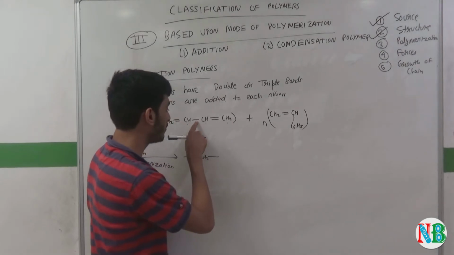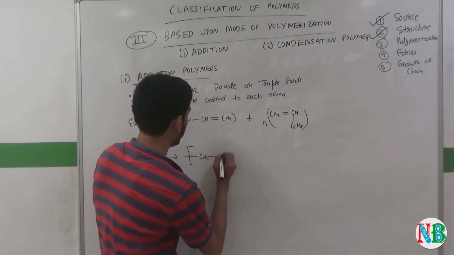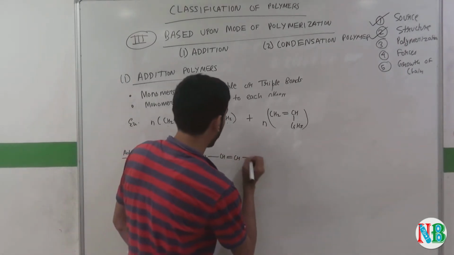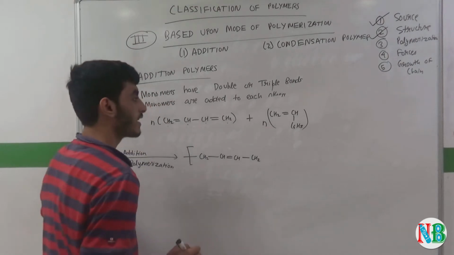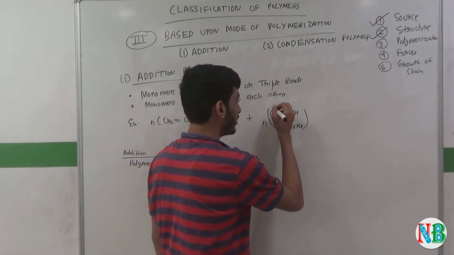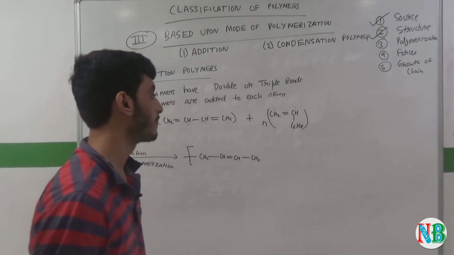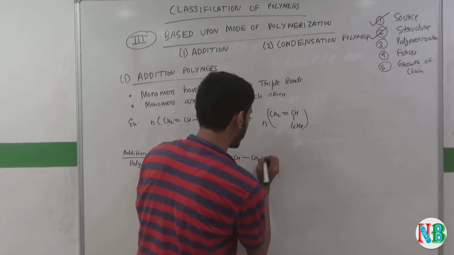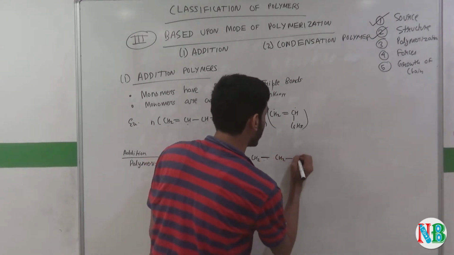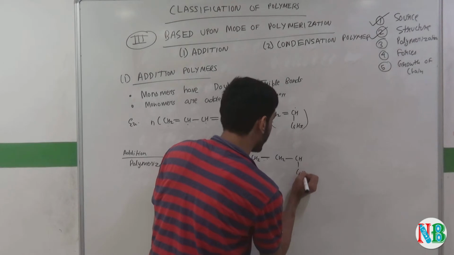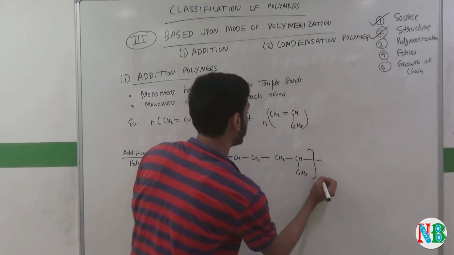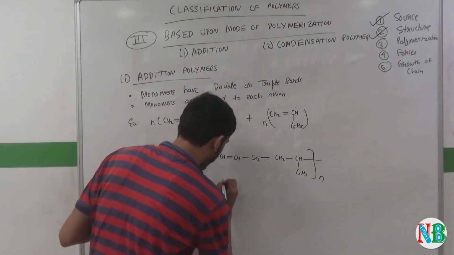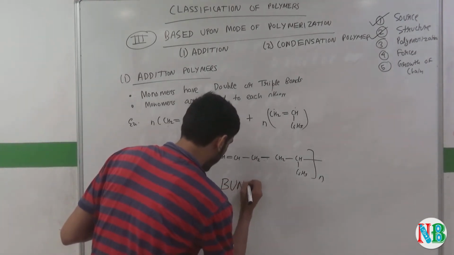Over here we have a single bond plus one more bond formed, so CH double bond CH. Over here I have a CH2. In this case, this bond breaks into one electron over here, one electron over here. These two make a bond, so single bond, CH2, single bond CH, C6H5, and one bond over here, this end. This has a common name of Buna-S.